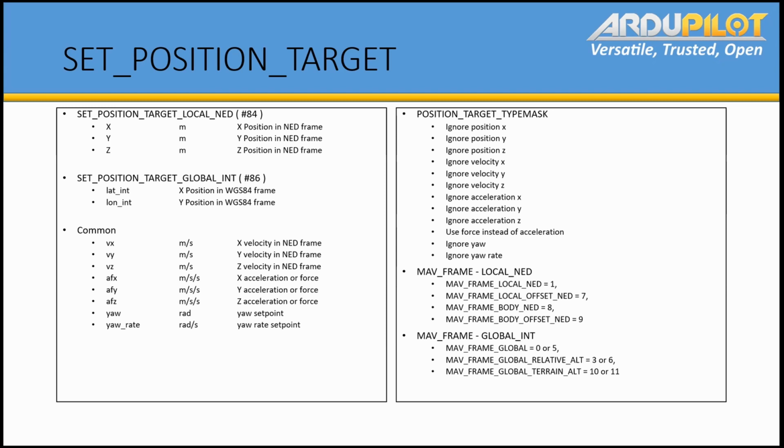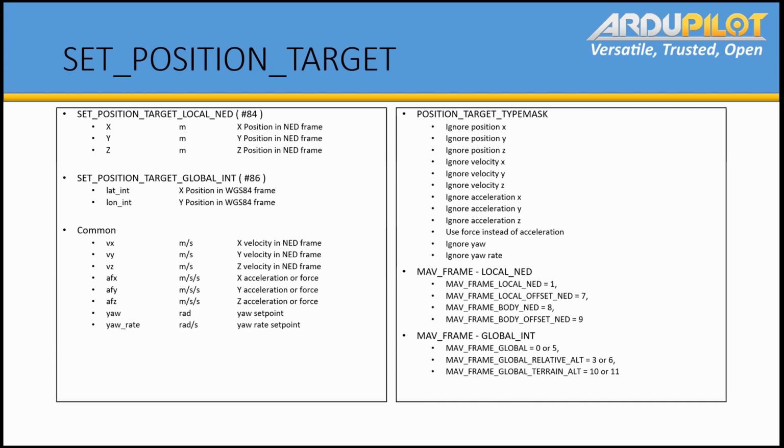So, the simple example of set position target. You can see when you look at this, there is a huge number of options here that you can choose from, and combinations of data that you can send in. And as you ignore different parts, we don't allow all combinations of ignore, obviously, or perhaps not obviously.